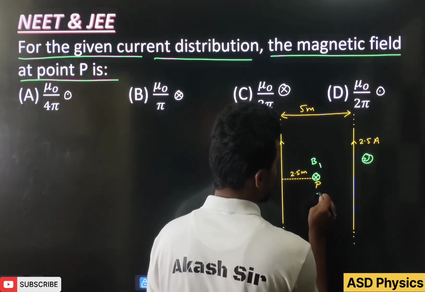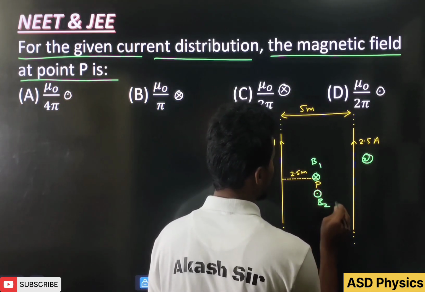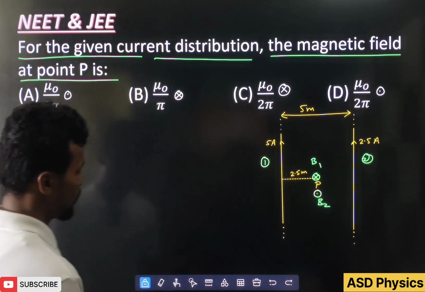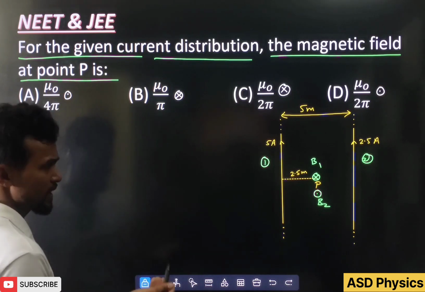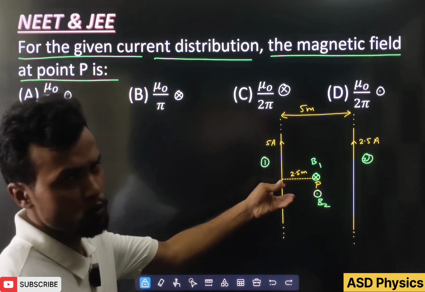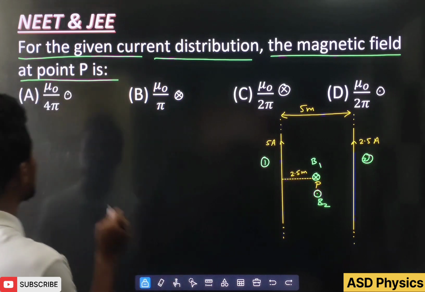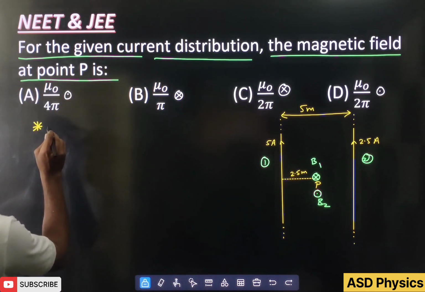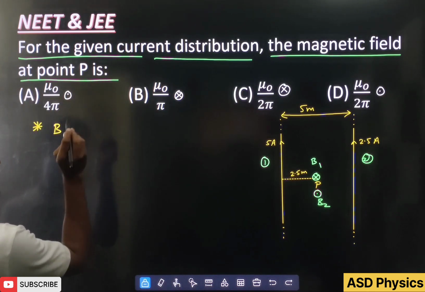So here I am writing this is outside, and here I can write B2. So the resultant magnetic field at point P means both are in opposite direction, we have to subtract only.